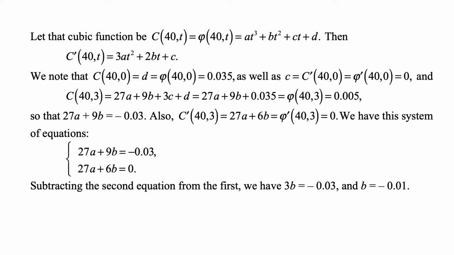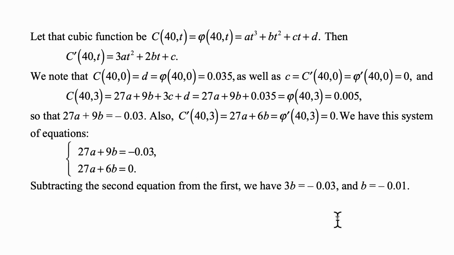Also, C prime of (40, 3) is 27a plus 6b from the formula for C prime that we derived above. And that's phi prime of 43, and that's given as 0. We have this system of equations as a result. 27a plus 9b is equal to negative 0.03, and 27a plus 6b is equal to 0.